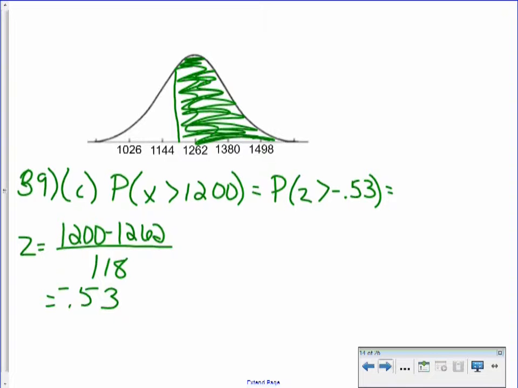Negative 0.53 looks like 0.2981, so that will be 0.7019. So whether they ask for probability or proportion, it's the same process, no change in what we need to do.